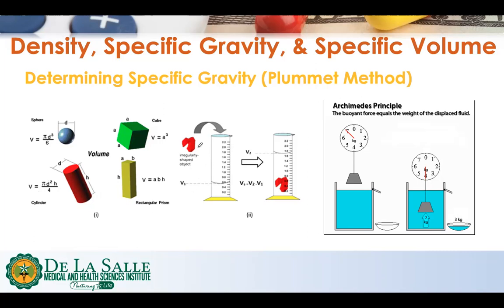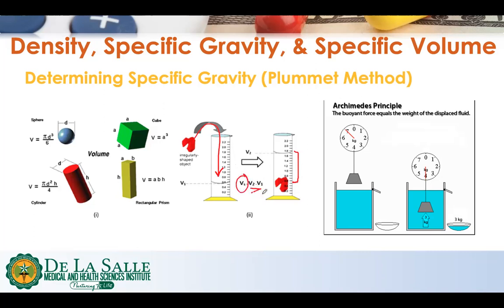However, for certain solid substances which are irregularly shaped, it is much more difficult to determine their volume. But we can determine their volume by using Archimedes' principle, by placing irregularly shaped solids in liquids and taking note of the displacement in volume or the change in the volume of the liquid, we will be able to know the volume of the solid.